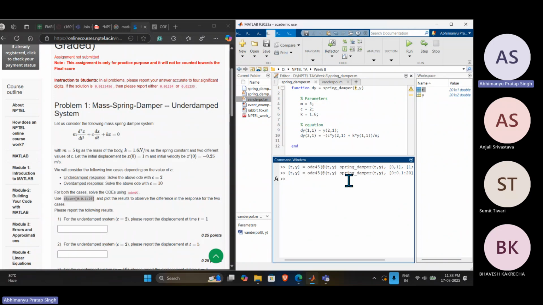And then please report the displacement at t equal to 1. There is some function named find.